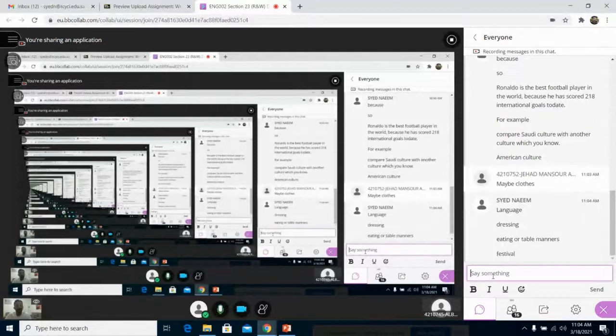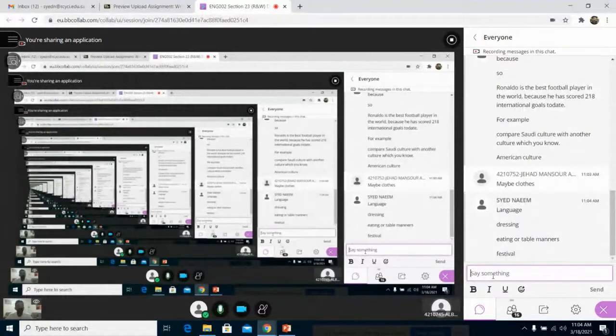So this is the way you can start writing a topic sentence. So what should be the topic sentence? You can say there are many ways Saudi culture is different, or you can use the word similar, different than the American culture.